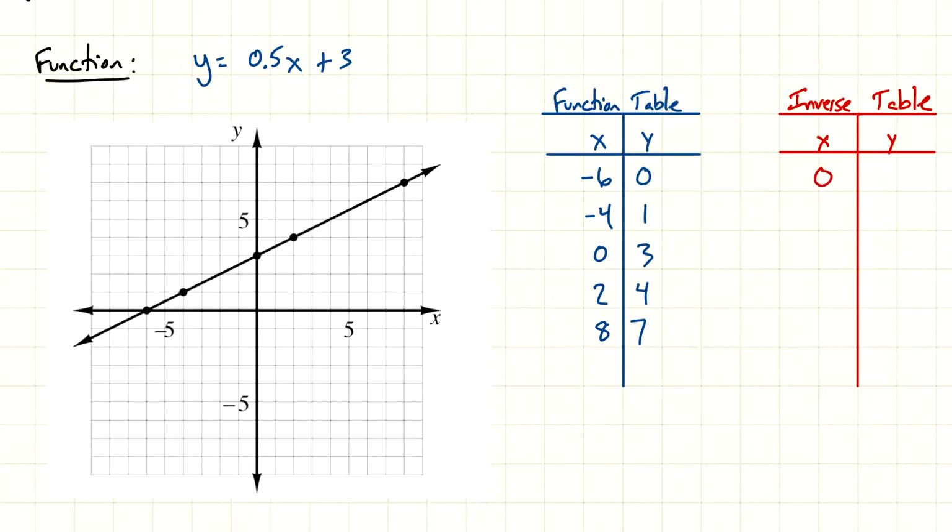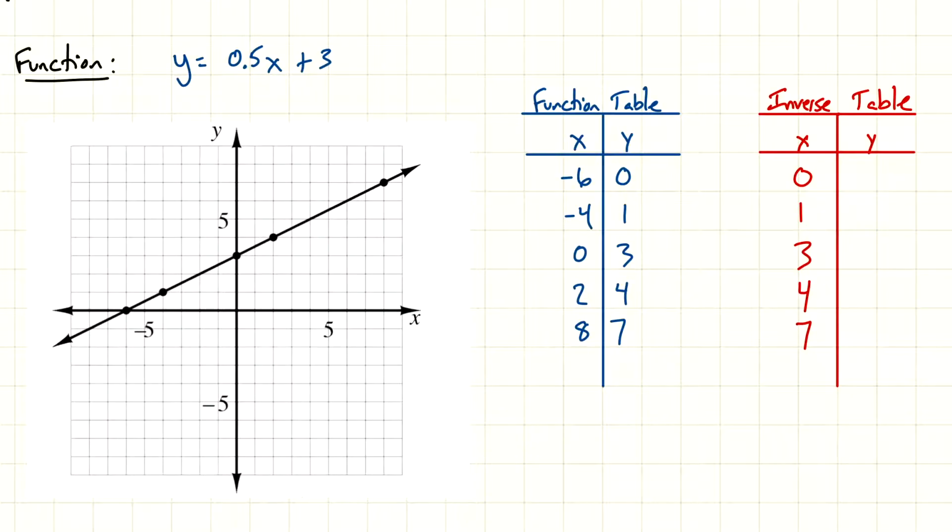I'm going to copy them directly: 0, 1, 3, 4, 7. And same thing with our new outputs, they're actually coming from our original inputs. So I'm going to copy those as well: -6, -4, 0, 2, 8. And now I have a table of points that describe the graph of the inverse.